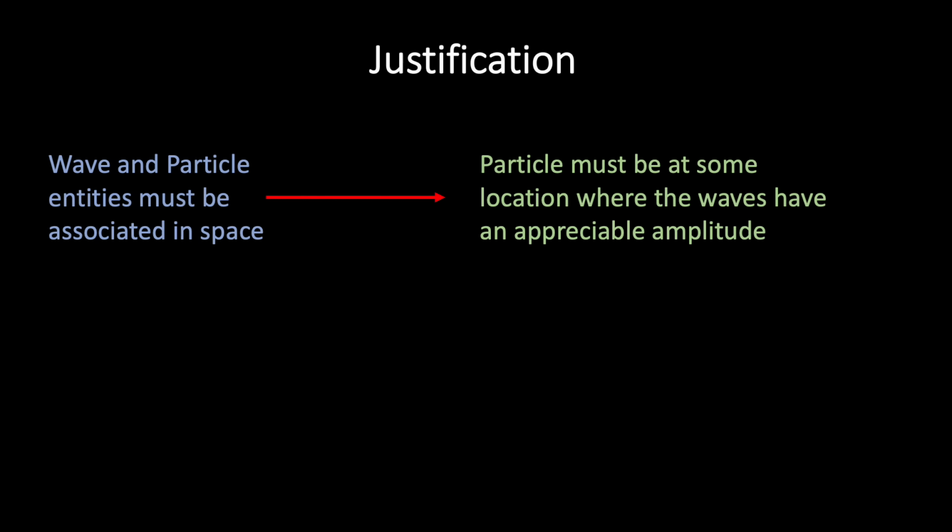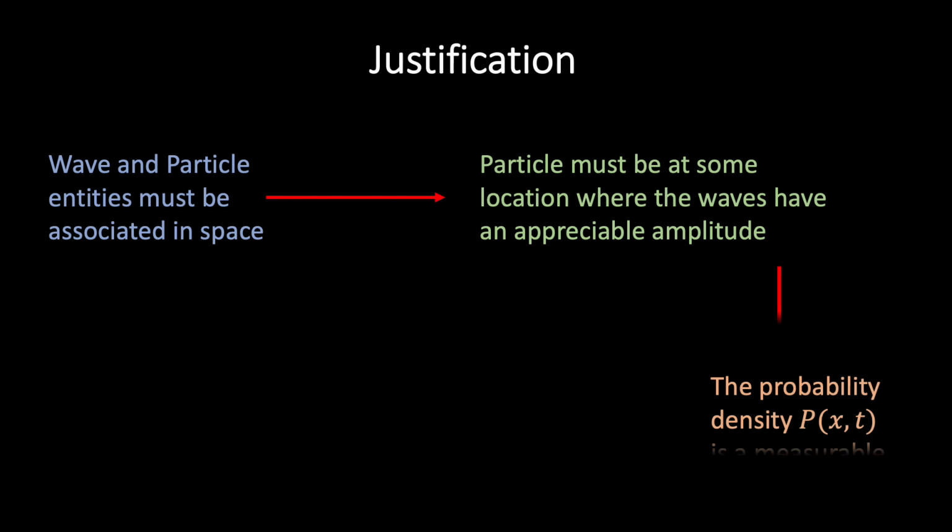The justification of Born's postulate can be found in the following considerations. Since the motion of a particle is connected with the propagation of an associated wave function, these two entities must be associated in space. That is, the particle must be at some location where the waves have an appreciable amplitude, and therefore the probability density must have an appreciable value where the wave function has an appreciable value.